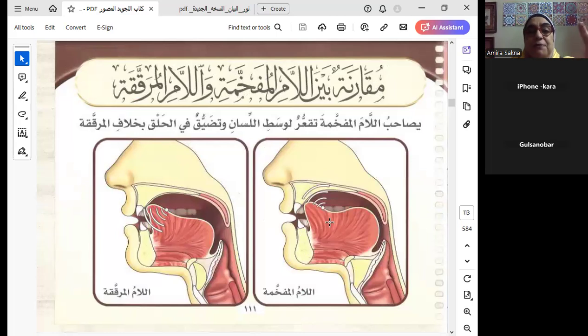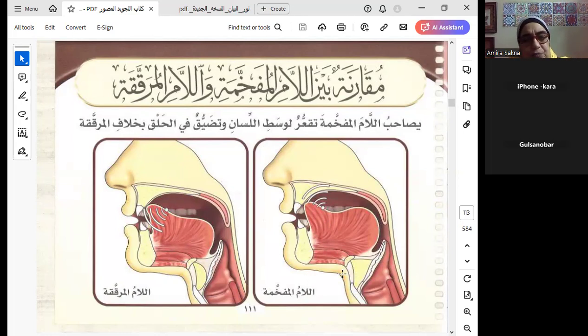Difference between the shape of the tongue when we pronounce heavy lam, lam mufakhama, and when we pronounce lam muraqqaqa, or light lam. With any heavy letter, in general, you are going to raise the back of the tongue. If you raise the back of the tongue, this letter will be heavy, any Arabic letter.